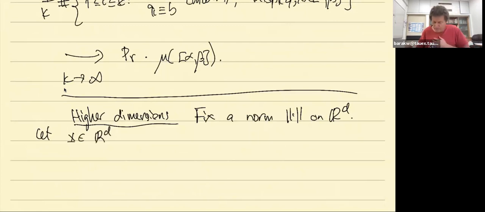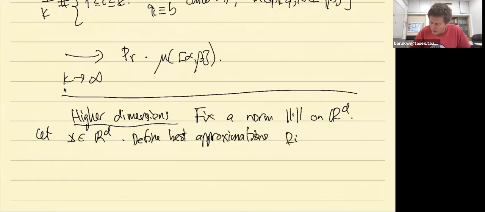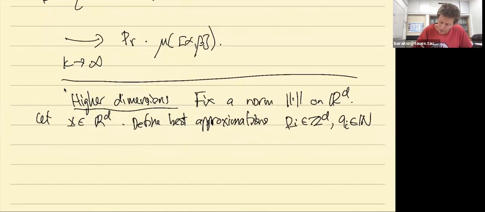For vectors in d-dimensional space, I'll try to remember to put a little bar underneath. We define the best approximations again recursively: vectors pi in Z^d and positive integers qi.